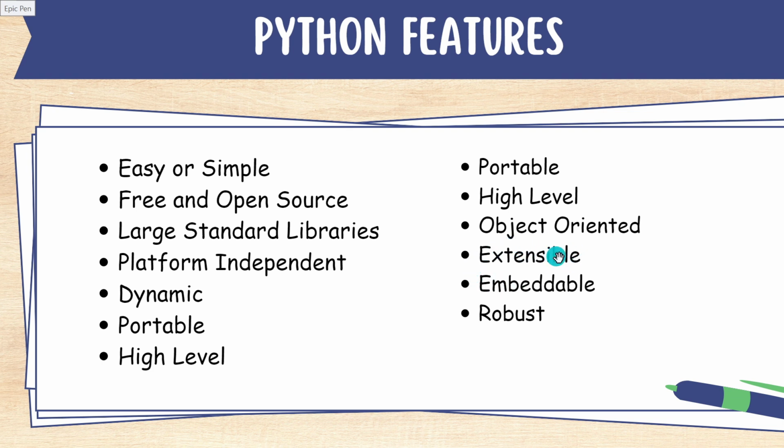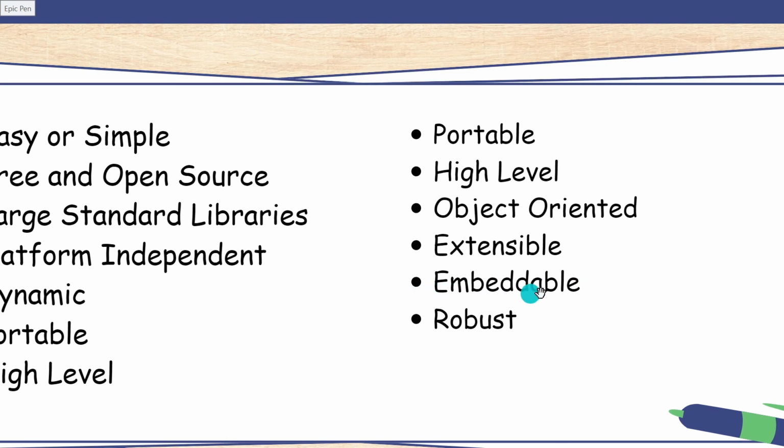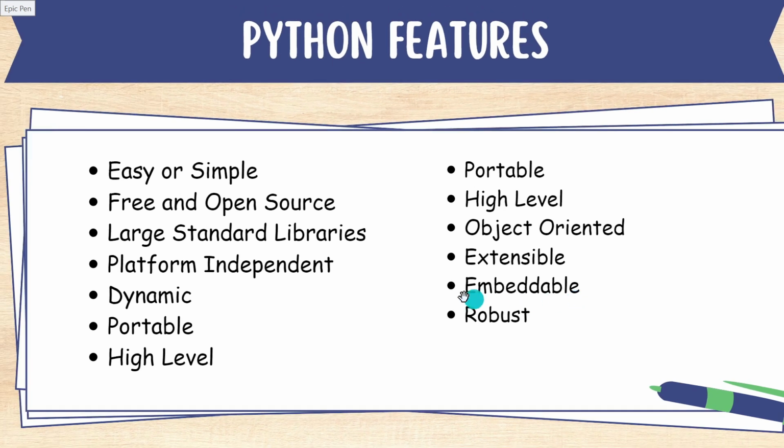Python is embeddable. Some people say Python is a scripting language, and that is true. Python can work as a scripting language: you can write a small script in Python and embed it in another language.